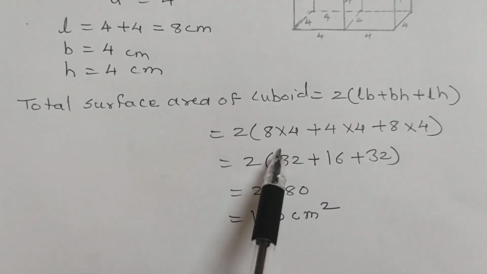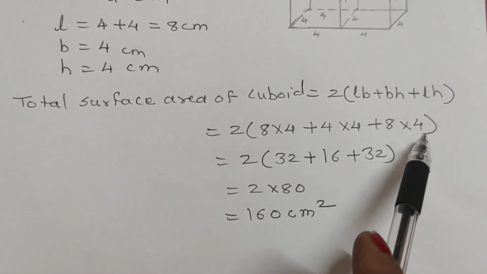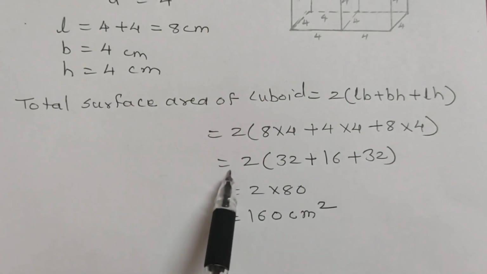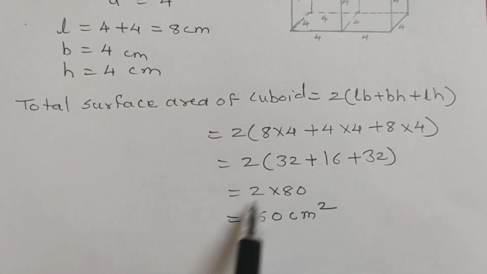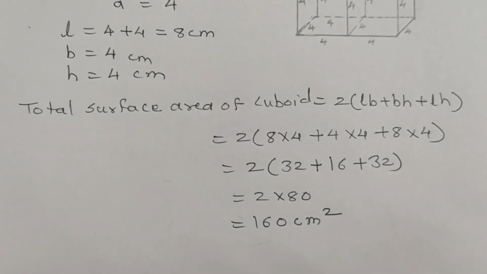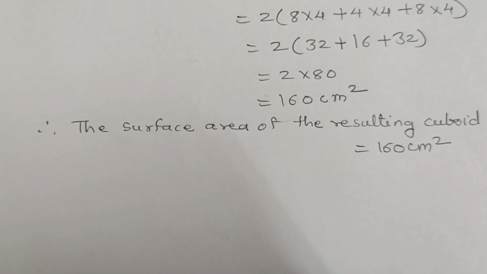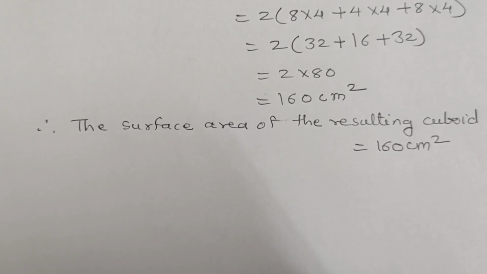So 2 into 8 into 4 plus 4 into 4 plus 8 into 4. That is 2 into 32 plus 16 plus 32 is equal to 2 into 80 is 160 centimeter square. Therefore, the surface area of the resulting cuboid is equal to 160 centimeter square.